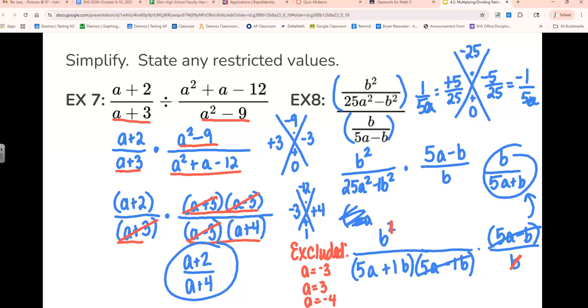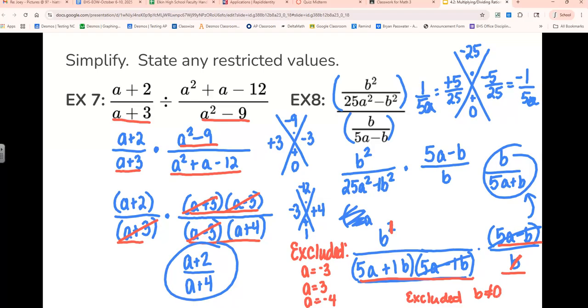Now, I did kind of ignore excluded values on this one so far. Excluded values are weird for this. You would have to look at this section, and this section. You are definitely, for your excluded values, going to get that B equals 0.